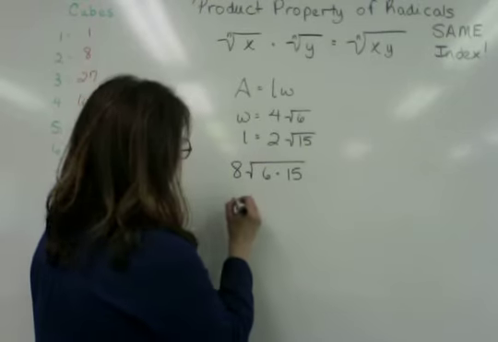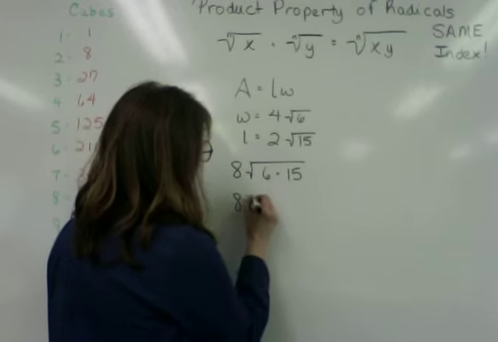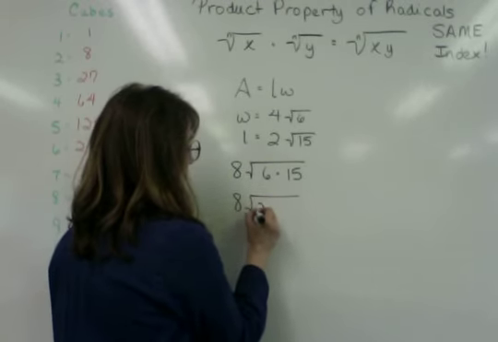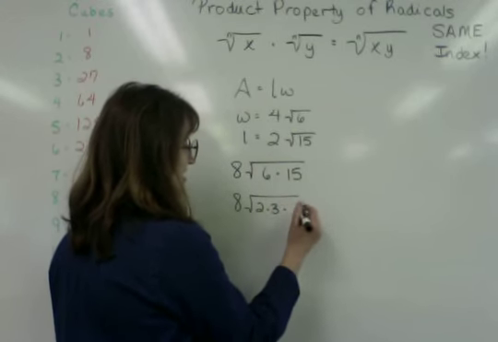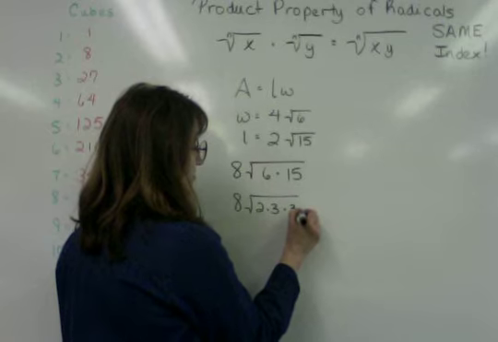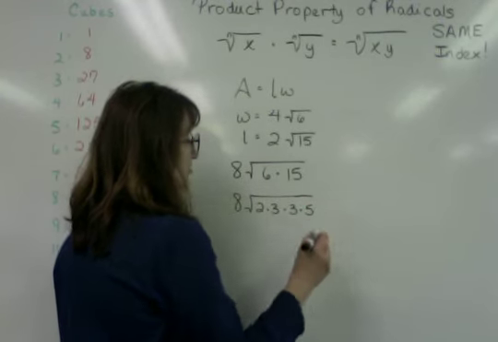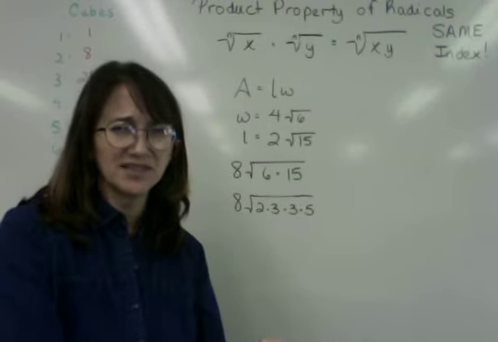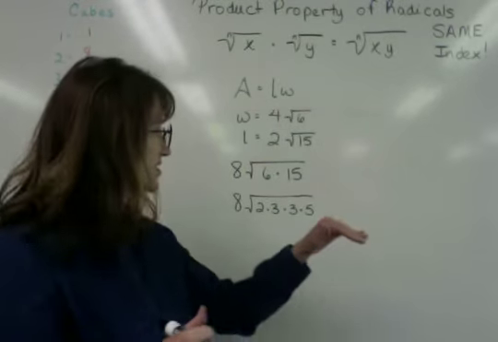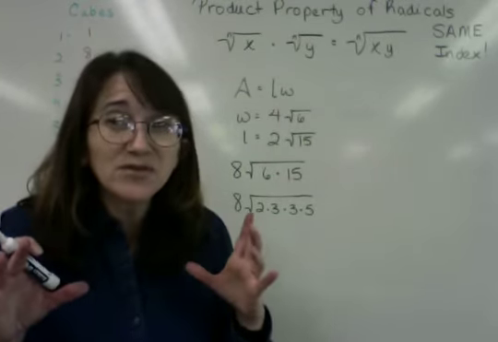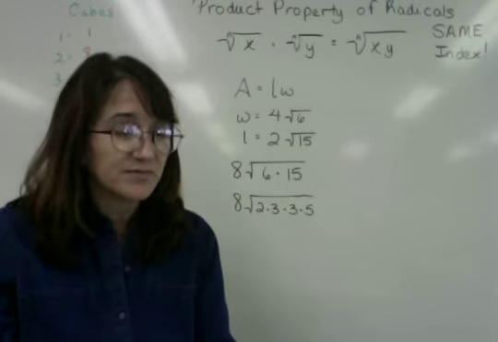I mean, because look at it. I know that the 6 is going to break down into prime factors of 2 and 3. And hey, the 15 is going to break down into prime factors of 3 and 5. That's why you don't have to multiply these big numbers, get this big number, and then bring it all the way back down to these little numbers. Leave it in the little numbers, break it down.